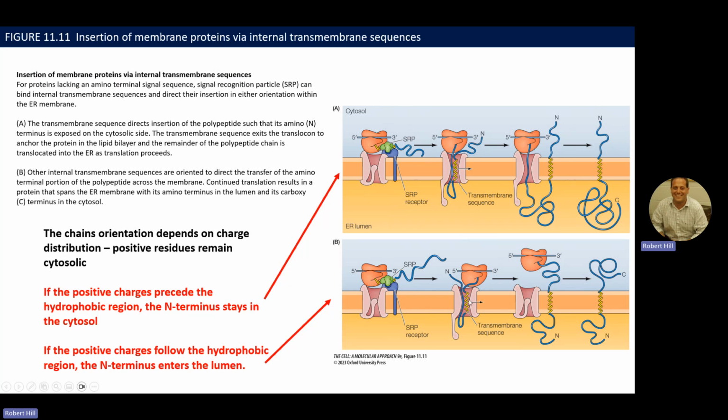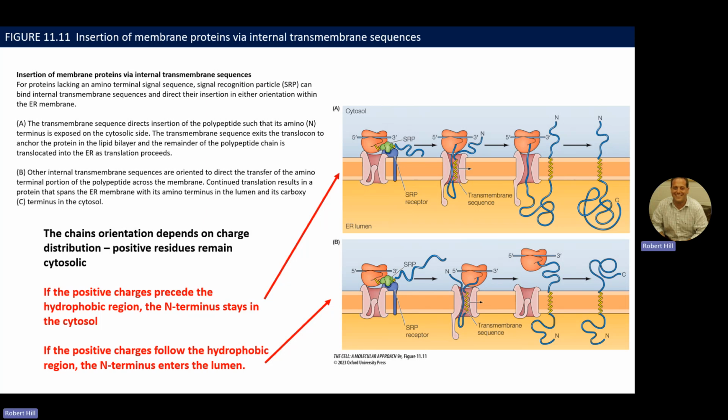The transmembrane region is going inside of the translocon and it's getting pushed aside, right? But because the positive charges are here, the C terminus of the protein is staying in the cytoplasm, right? These lack those positive residues, so it's orienting the transmembrane protein so that the N terminus is in the lumen of the ER.